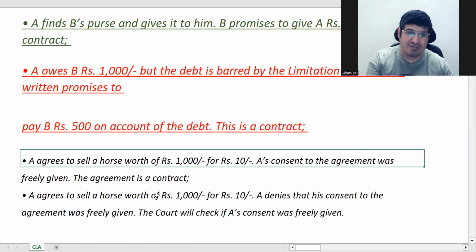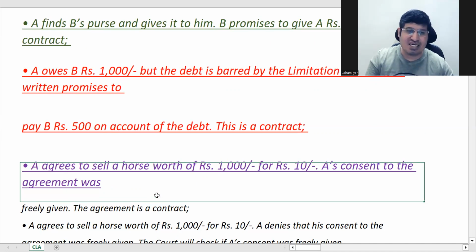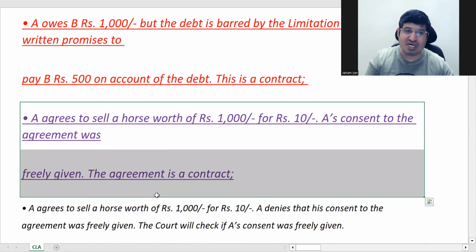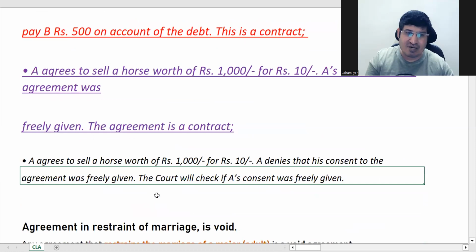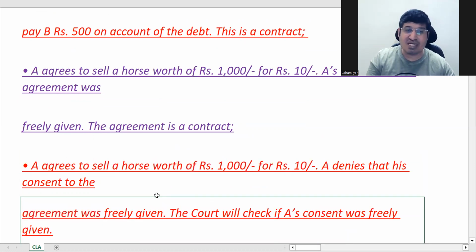Next is A agrees to sell a horse worth 1,000 for 10. Inadequate consideration, but A's consent was freely given. That is a contract, as we just saw. Now the same example, A agrees to sell a horse worth 1,000 for 10, but A denies that his consent was freely given.